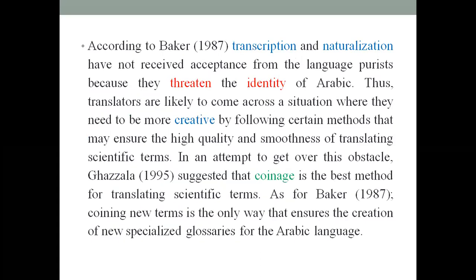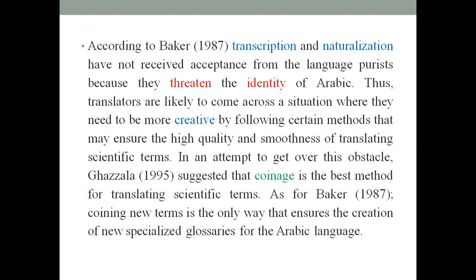Now, Mona Baker encourages not to use the Arabization strategy, because it threatens the identity of the Arabic language.